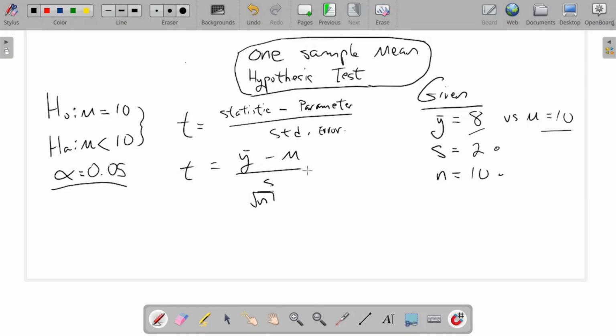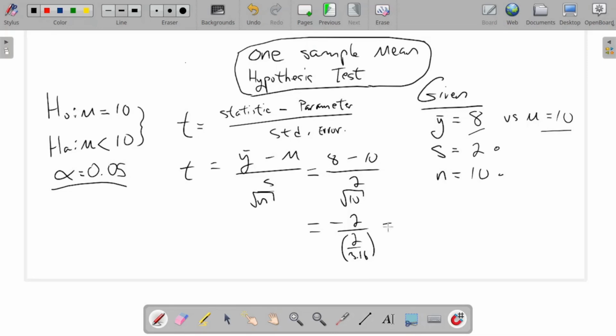Okay, let's put the numbers in and see what we get. This is 8 minus 10. This is 2 over the square root of 10. A little bit of arithmetic. This becomes 2 over 3.16. The square root of 10 is very close to pi, which makes it easy to remember.